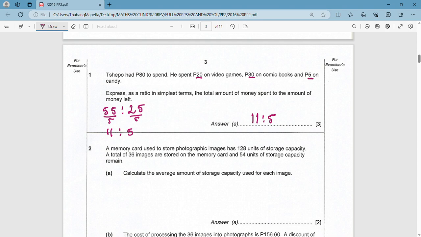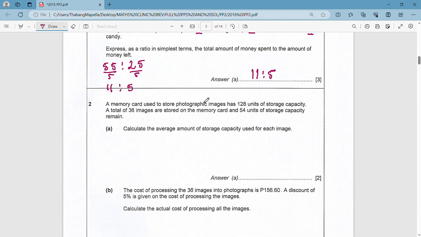So the memory card has 128 units, and after storing the 36 images we are left with 54.